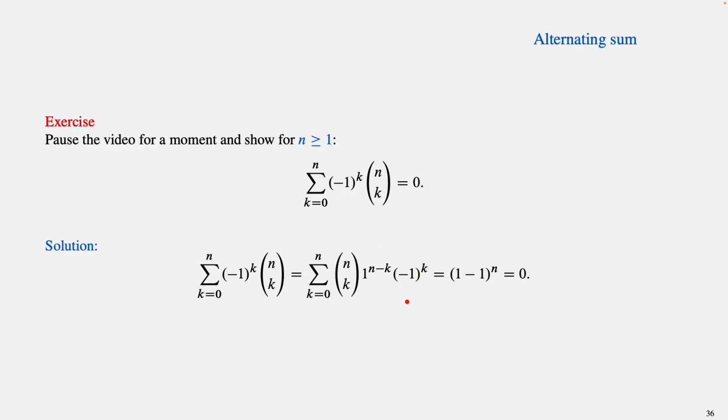And this is the binomial sum formula for 1 minus 1 to the power of n, but 1 minus 1 is of course 0. And if we take 0 to the power of n, with n greater or equal to 1, then of course this is again 0. And this proves our formula here.